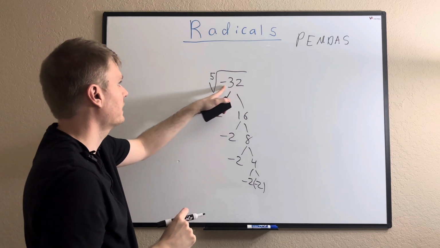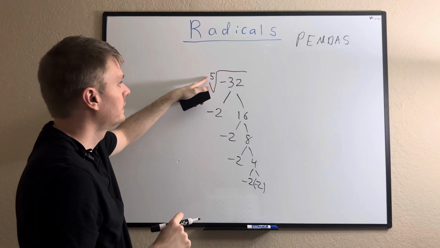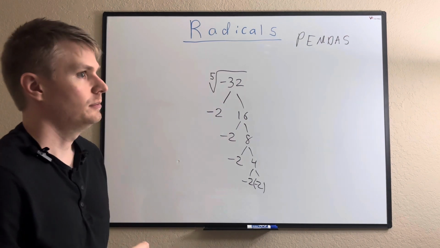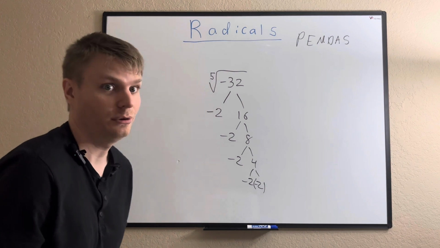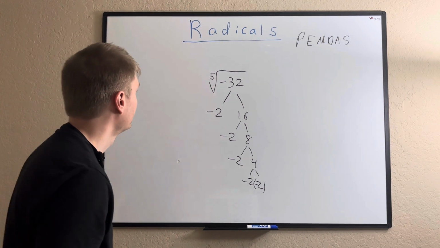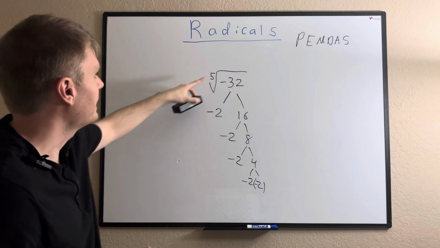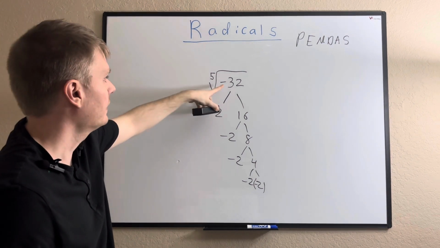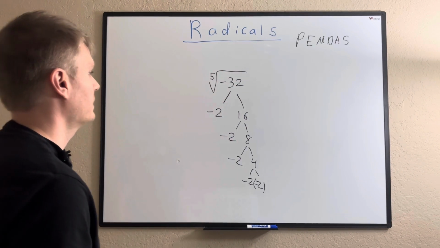If you have a negative in the radicand and an odd root, then your answer can be negative. Well, it is definitely going to be negative. But if it's an even root and the radicand is negative, then you have an imaginary number on your hands.